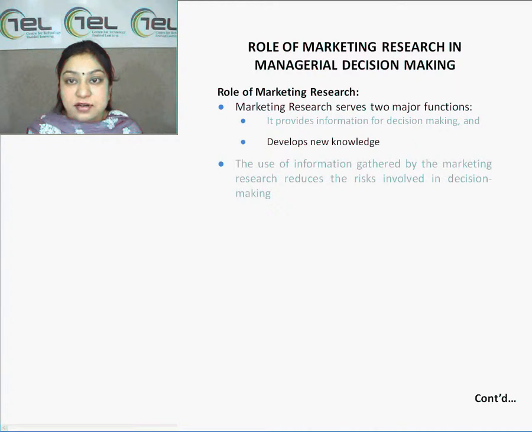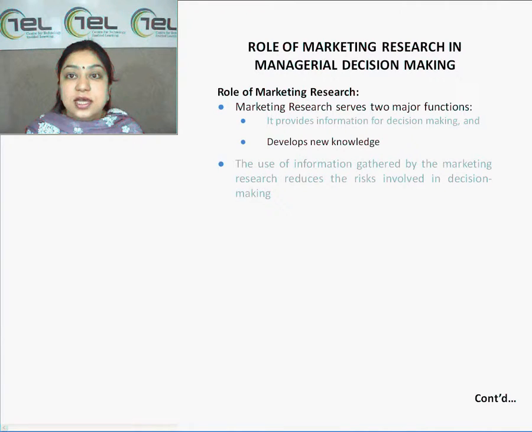If you have gathered certain information from the consumers or the respondents, you give that information to the organization, and it helps the managers decide whether they should bring that product into the market, or some modification is required, or you need to shut down that product. All these decisions are taken with the help of marketing research only.